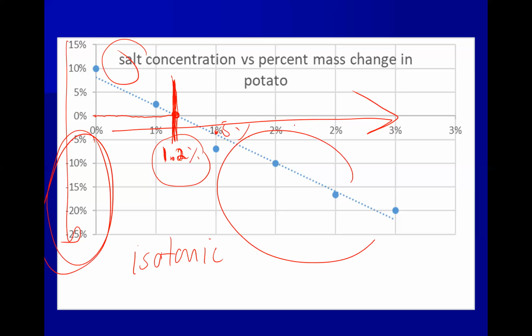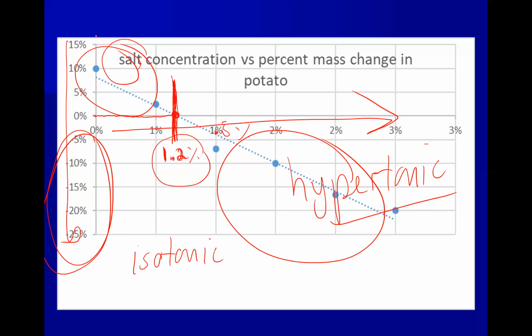So these values over here show that the potato has lost mass, which means the outside must be hypertonic, because that would explain why the potato loses water. Whereas up here, you've got 2 points where the potato has gained mass. So that must mean that the potato is in a hypotonic environment. Something like, for example, 1% would be hypotonic to the potato, which explains why the potato gains a little bit of mass.